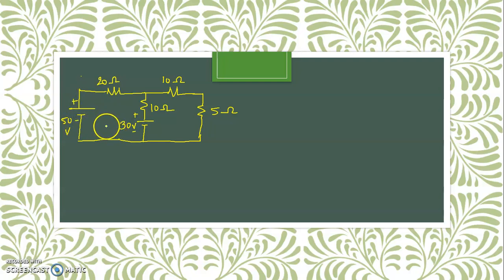Now for this particular given network, the number of loops present are 2. Loop 1, loop 2. Consider the orientation of current for loop 1 is clockwise. Similar way for second loop.